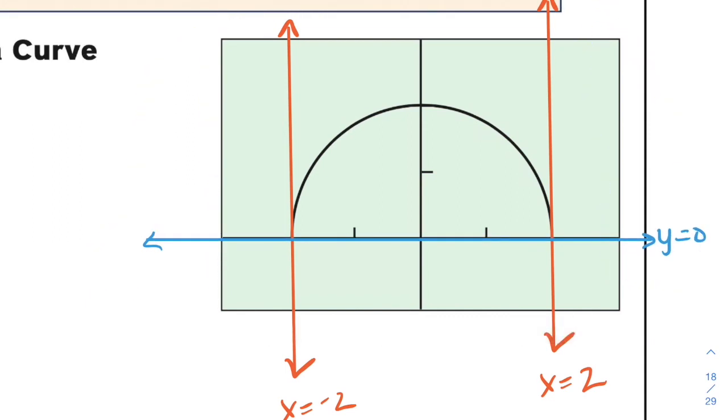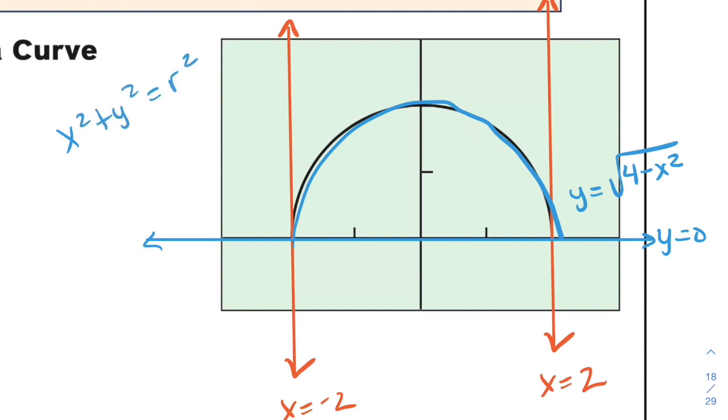Okay. And then the last line we have is really this curved line, this circle, and it's going to be y equals the square root of 4 minus x squared. So it's between all 4 of these. So now, by the way, that's a circle. The equation of a circle is x squared plus y squared equals r squared.